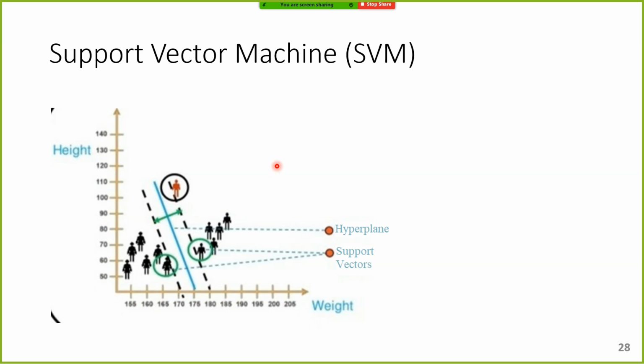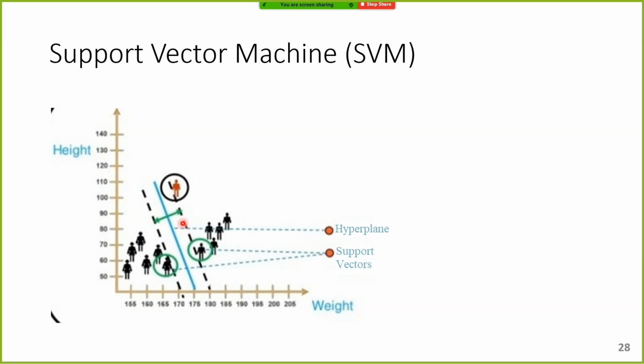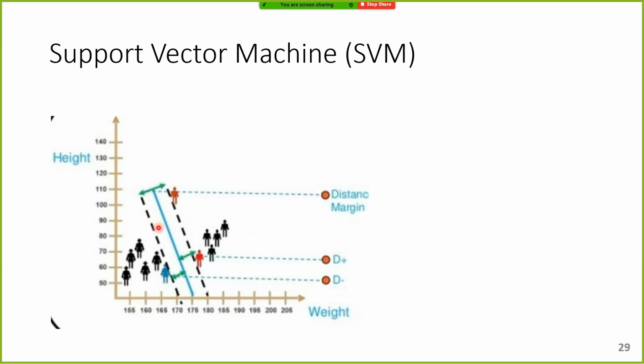If I define the terminology, these two data points which are closest, to which these dashed lines touch, are called support vectors, and this blue line shown here is called the hyperplane. The distance between these two lines is called the distance margin, and this line is called d minus, and this line is called d plus.